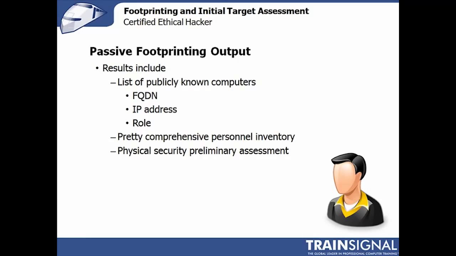You can get a pretty darn good idea of who works at this bank or whatever target it is, where they work, who they work for. All of this is great information. And then an early assessment of physical security, again, looking around the boundaries, looking at the barriers and the perimeters from the comfort and convenience of anywhere in the world. Great data to have. This is by no means the limit of passive footprinting, but it does give us an idea of what we're looking for when we're completing passive footprinting.